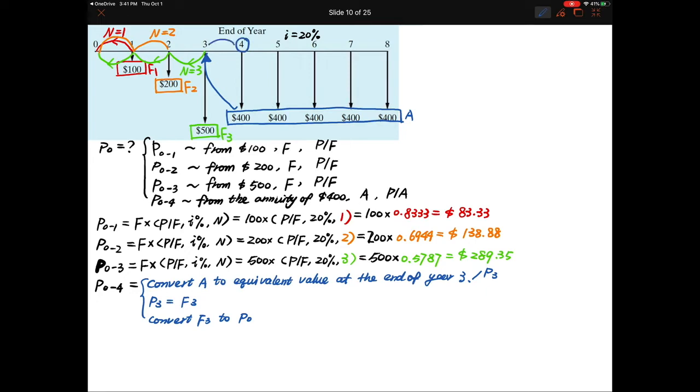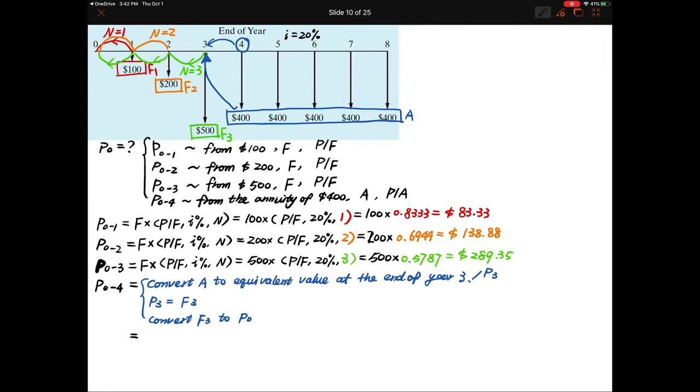So by using that equation, you only convert all the annuities back to year 3. Okay? And then you need to deal with how do you convert some value at year 3 back to year 0. That's why we have these 3 steps. Okay? So now let's do it.